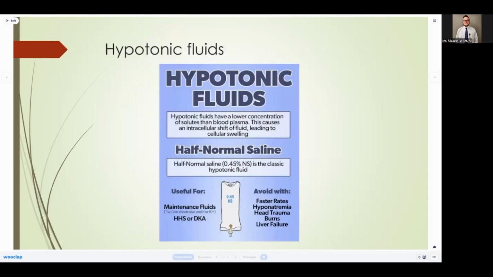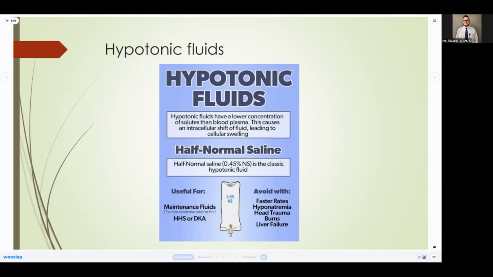So hypotonic solutions, these are the ones that are less than the normal saline. So half normal saline, 0.45%, is a pretty classic. Again, this is a lower concentration of solutes than the blood plasma. So this causes the shift, right? Intracellular fluid. It's going to cause the cells to swell. So it's going to shift fluid into the cell and interstitial spaces out of the bloodstream.